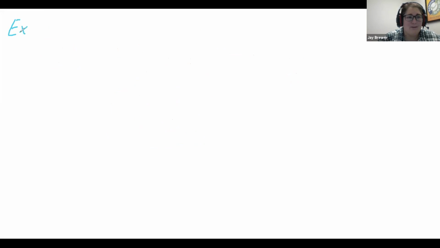All right, example 9. Like I said, super close to what example 7 was, except now we're looking for the quotient function. Wow, it's so hard to say sometimes.